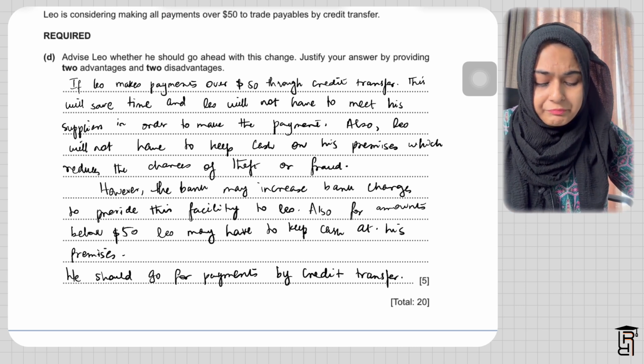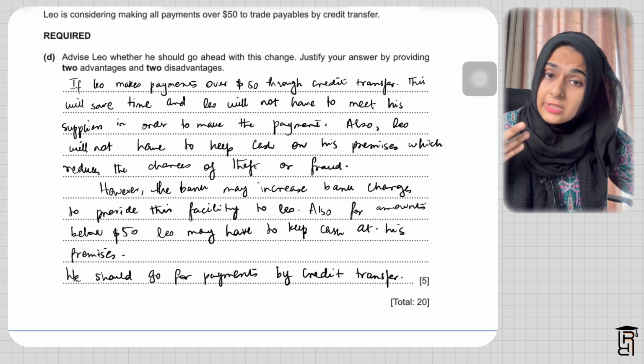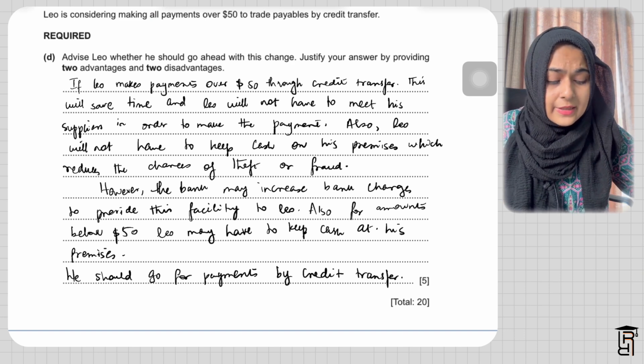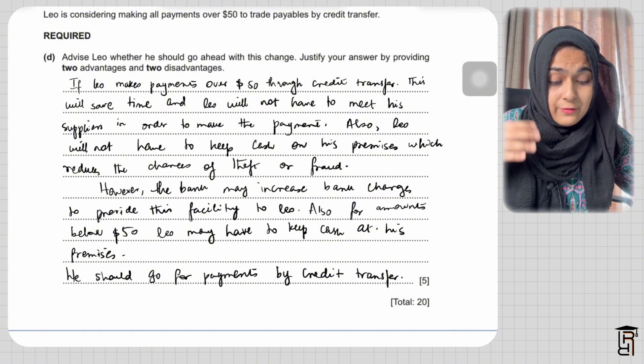So they are saying here, I have written this for you. If Leo makes payments over $50 through credit transfer, this will save his time, and Leo will not have to meet his suppliers in order to make the payment. So he does not have to give them checks and meet them. So that saves his time. Also, Leo will not have to keep cash on his premises, which reduces the chances of theft or fraud.